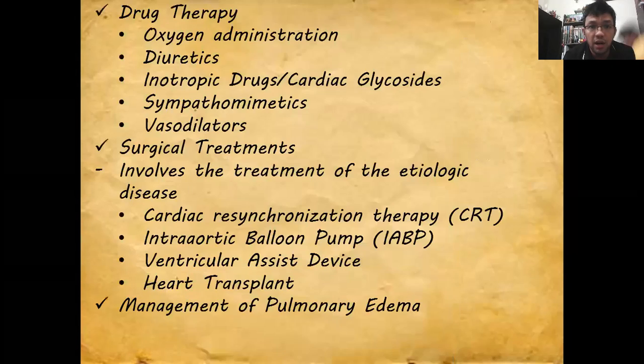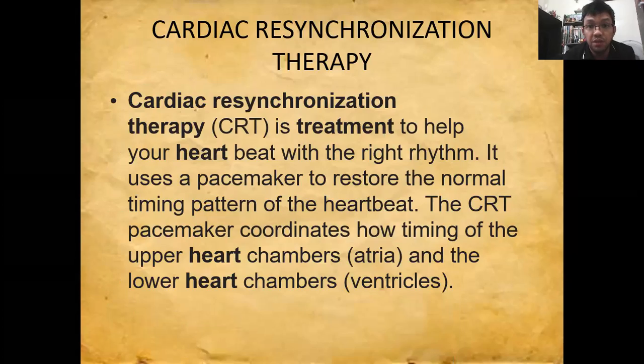Now, these are the surgical treatments for patients who have heart failure. First, we have cardiac resynchronization therapy. This is a treatment to help the heart beat with the right rhythm. And here, it uses a pacemaker to restore the normal timing pattern of the heartbeat.